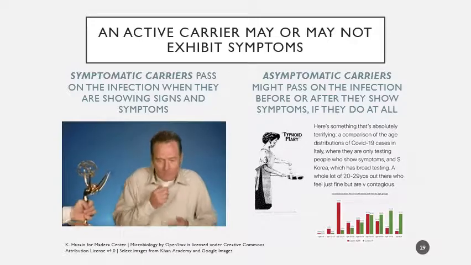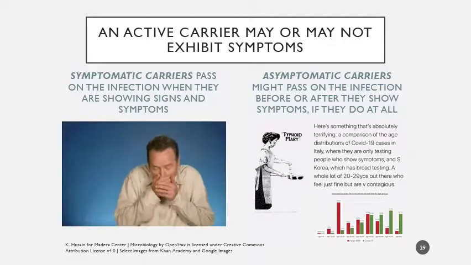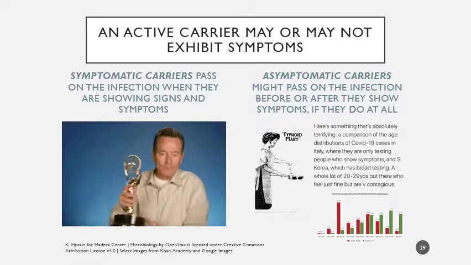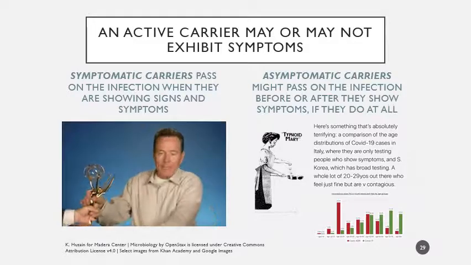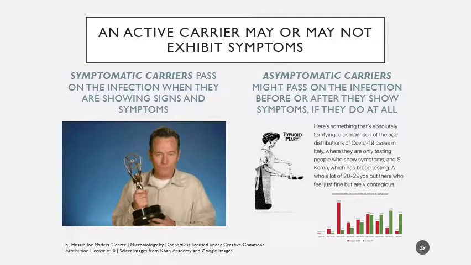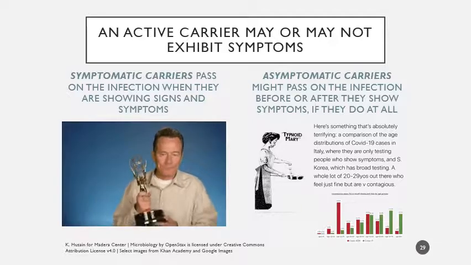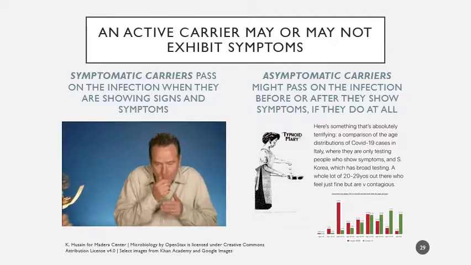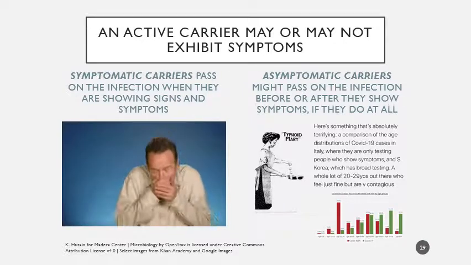This plot in the bottom right is a little bit hard to see, but to me it is wild because what it's showing, the red bars, are rates or prevalence of COVID-19 cases in different age groups. The red bars are showing South Korea, where there's a lot of testing for COVID-19.